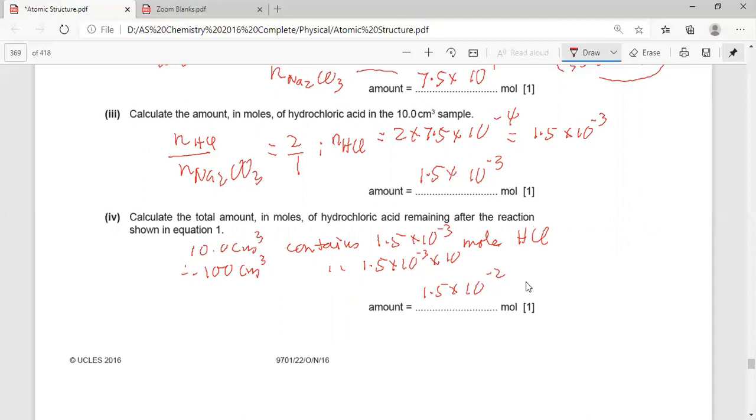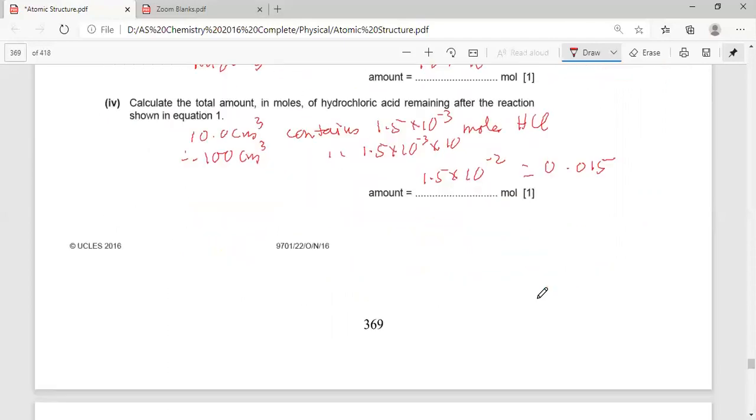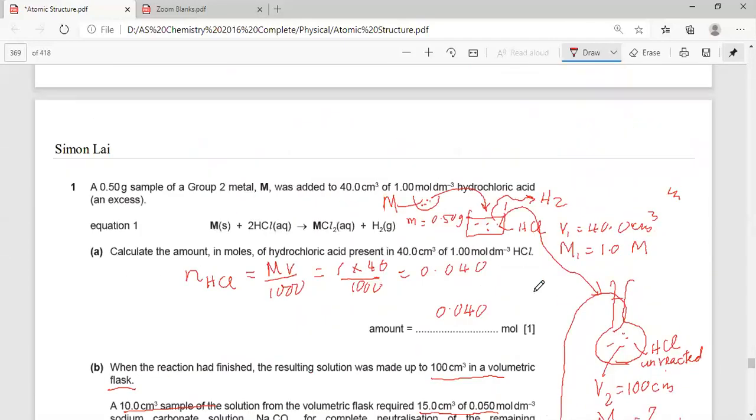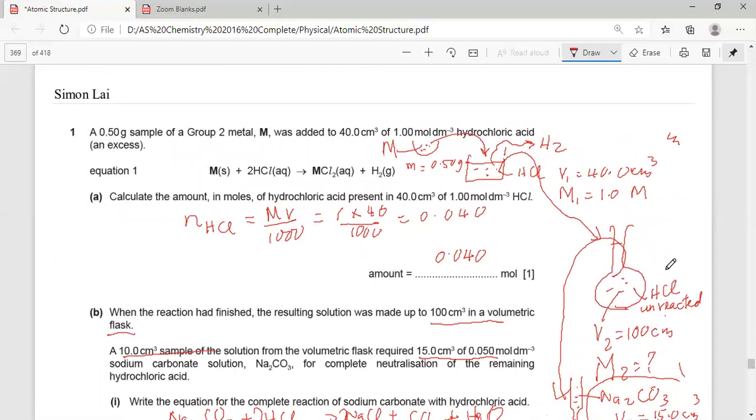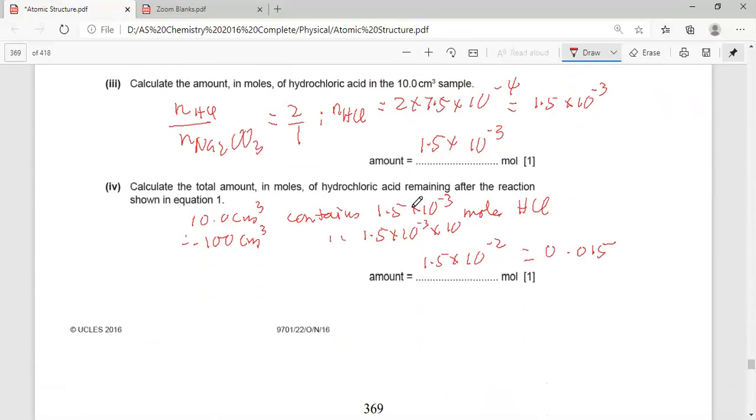Or you can put 0.015, but I like to put it this way. So this is the amount of HCl that remains unreacted here. But the original is this one. So how much reacted with the metal? Very simple.